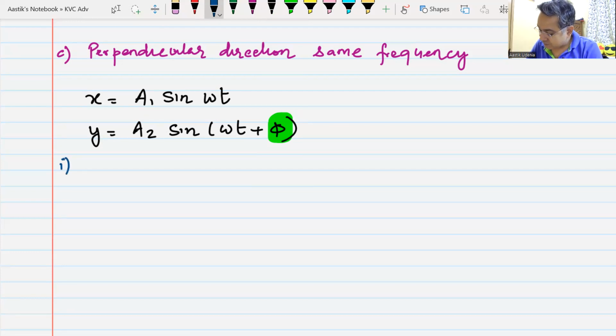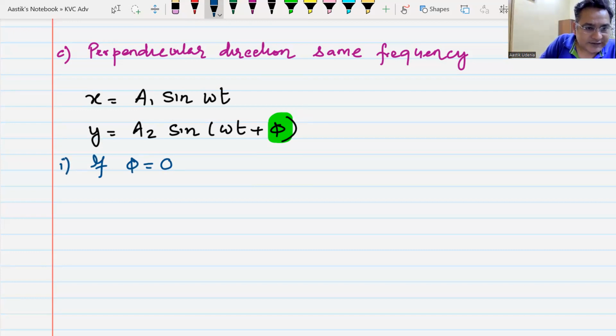Case number 1: phi is 0. There are many cases possible, but we'll only look at 2 cases. What happens if phi is 0?